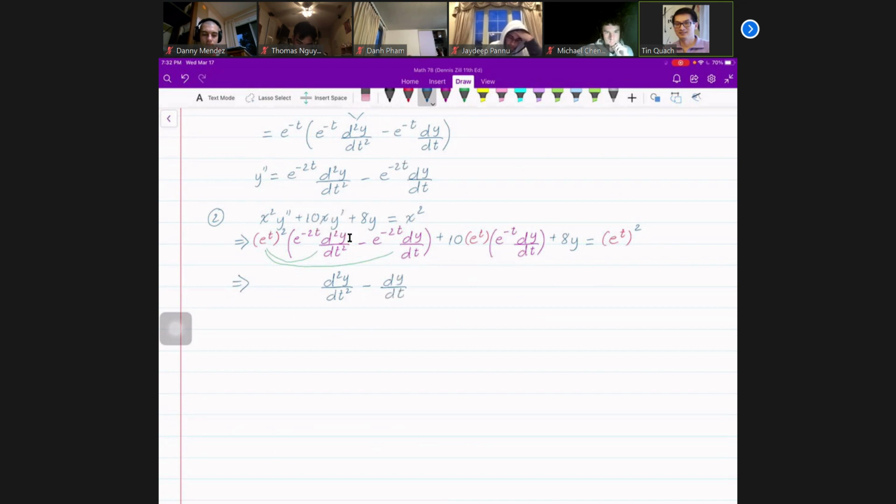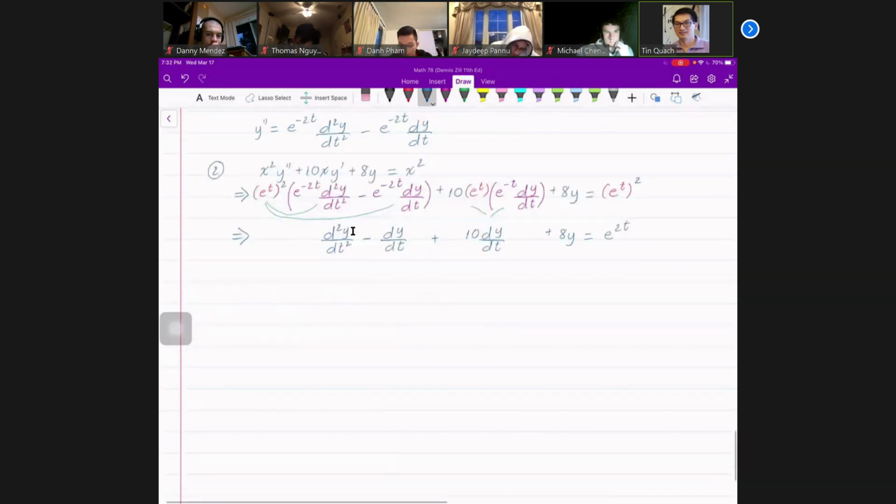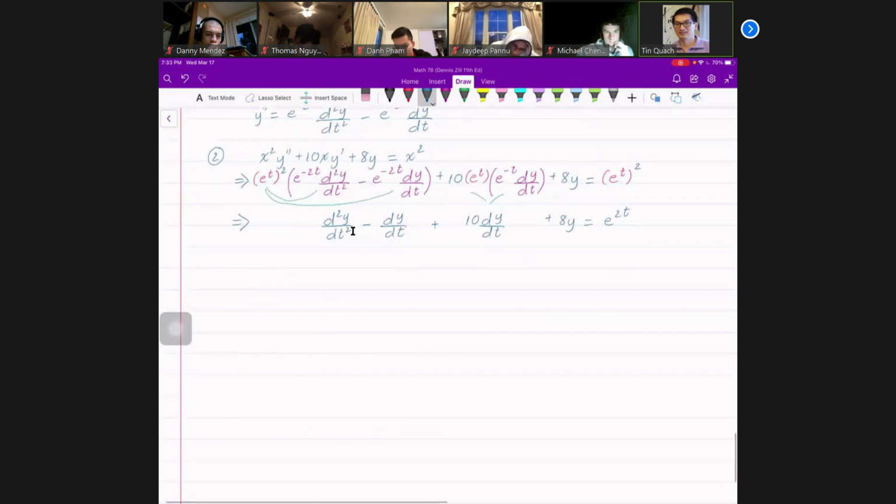And then plus that will give you 10 dy dt. And then plus 8y equals e to the 2t. So now you see, it looks like something that we did before. So I don't need to continue on, right? Okay, so we have done this.